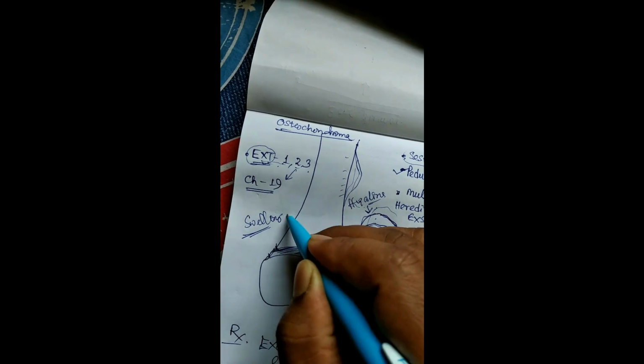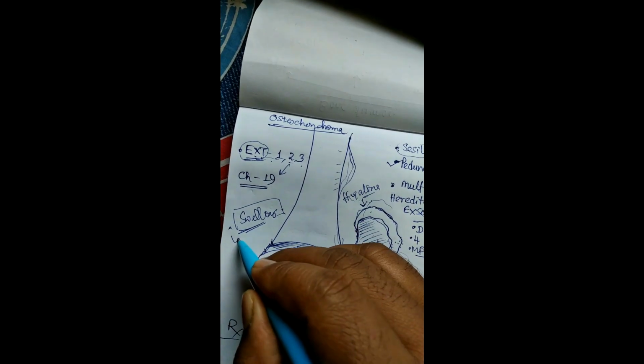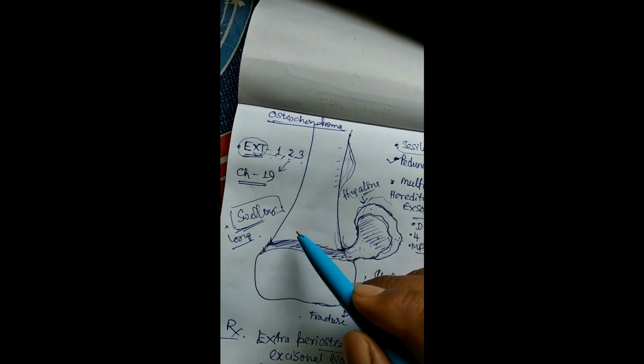Now every benign osteochondroma or benign exostosis bone tumor patient mainly presents with swelling only. There is no history of pain as such, and this is a very long history, and we can easily palpate the bony swelling.